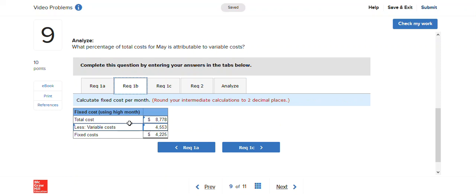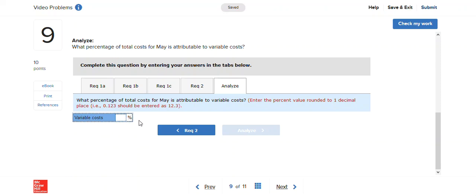So our variable costs were $4,553. Our total costs were $8,778. So if we get a ratio for that, we're going to take the variable cost divided by the total cost, and that's going to give us a percent. And the percentage I come up with is 51.9%.